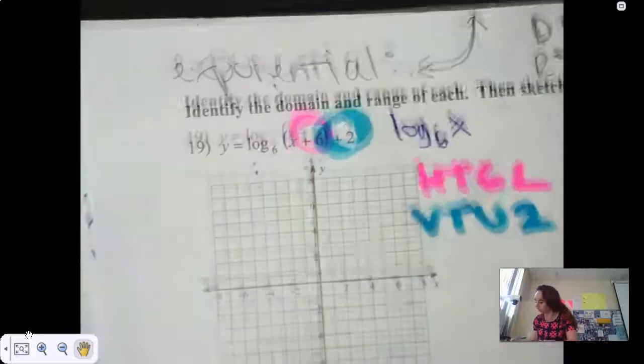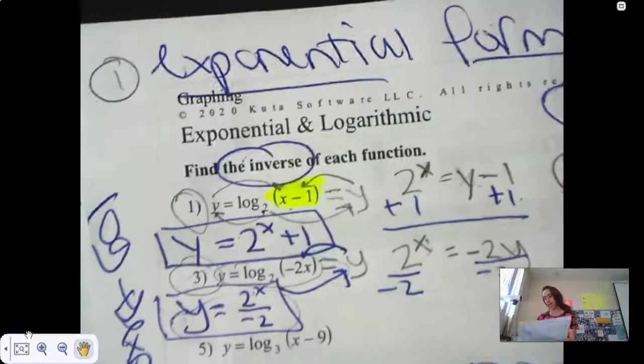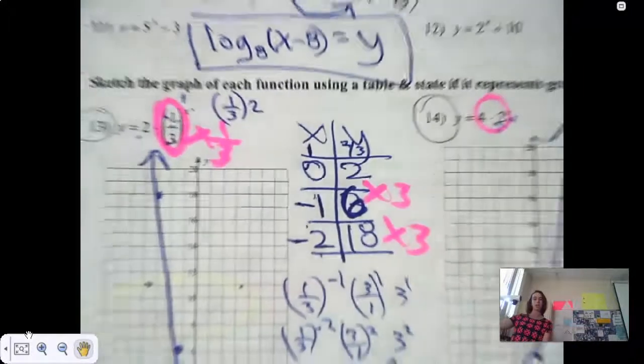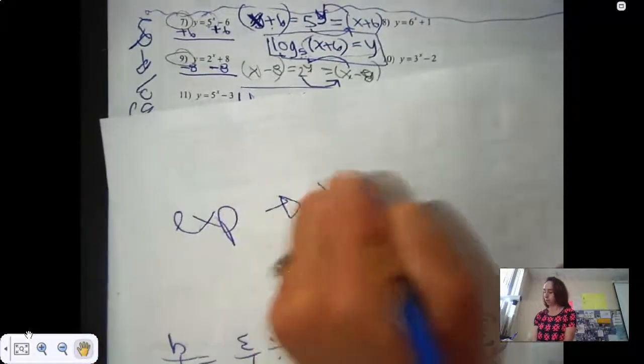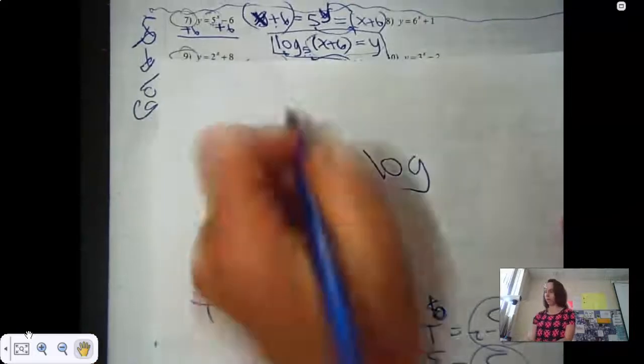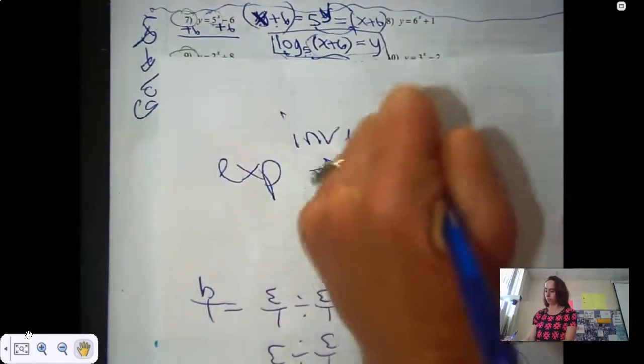Remember how before when we were in exponential form, I was like, hey, you can pick any number you want. But remember what I said about exponential form and logarithmic form. What did I say? They are inverses of each other.